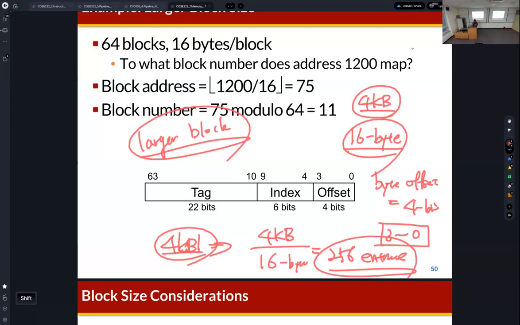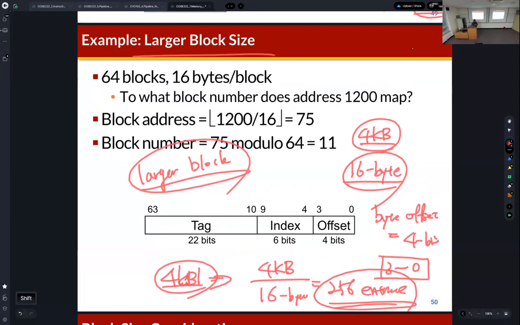We can use a larger block size for the cache. Okay? But if the cache size is the same, then the number of entries has to decrease. Okay. Then what is the benefit of a larger block size? And what is the different operation of this larger block size?